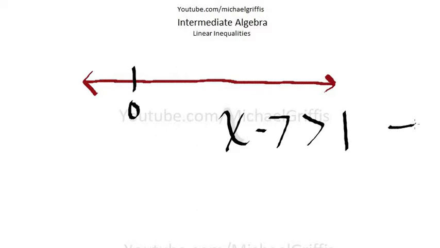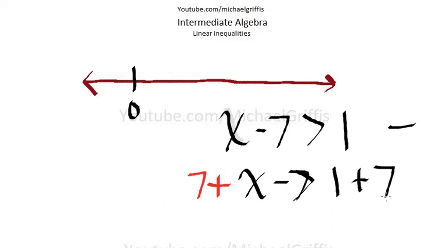So what we want to do once again is add 7 to both sides, just like we would in an equation. So the 7 and minus 7 go away, and we're left with x is greater than 8.